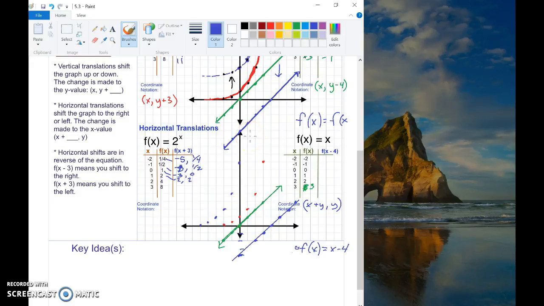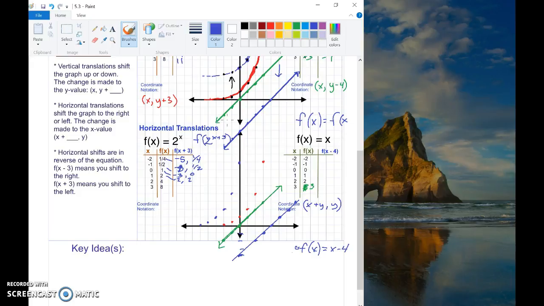And the tricky part about this is that the equation is actually going to be f of 2 to the x plus 3.